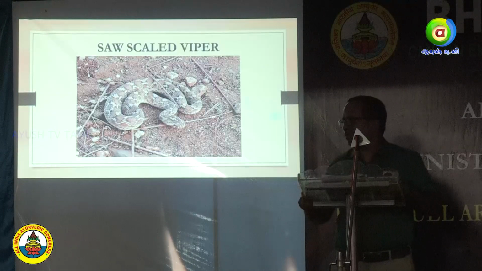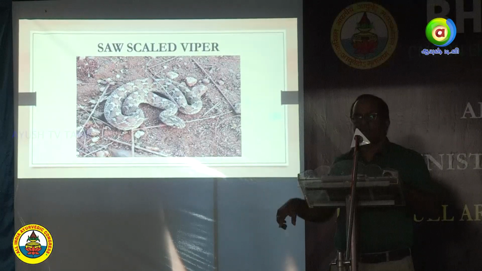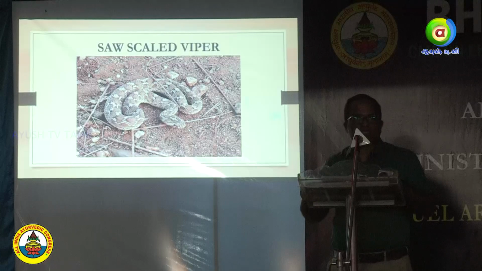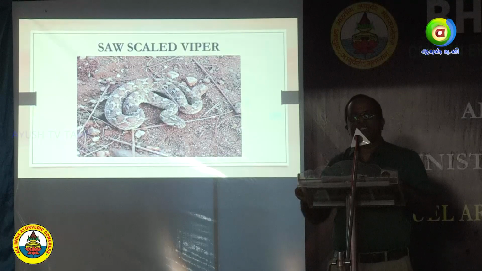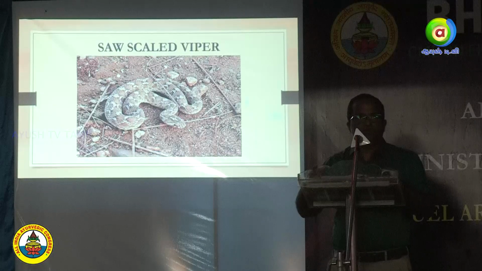Next one. This is a saw-scaled viper. This is also highly venomous. In the big four snakes, this is the last snake. What happens is, it has a very stout and slender body, and the snake is very small. It can grow up to one foot to two feet.